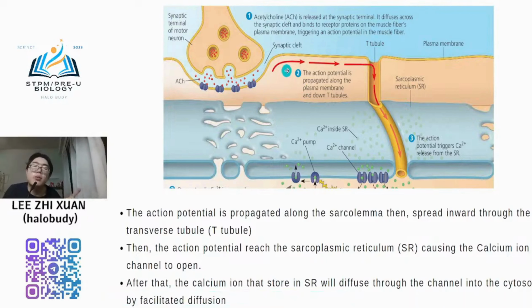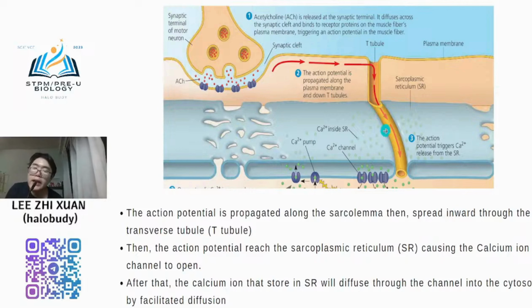As already mentioned, when the action potential is triggered on the sarcolemma, it will be transmitted along the sarcolemma until it reaches the T tubule, and then the action potential will move speedily inward through the T tubule.